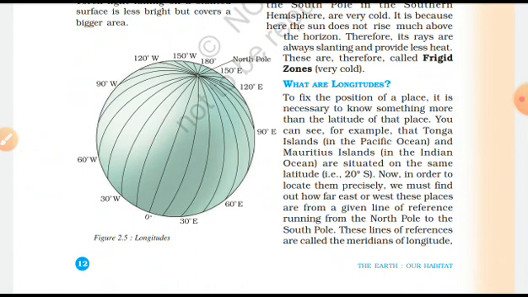To fix the position of a place, it is necessary to know something more than the latitude of that place. You can see, for example, that Tonga Island in the Pacific Ocean and Mauritius Island in the Indian Ocean are situated on the same latitude, like 20, having 20 degrees.